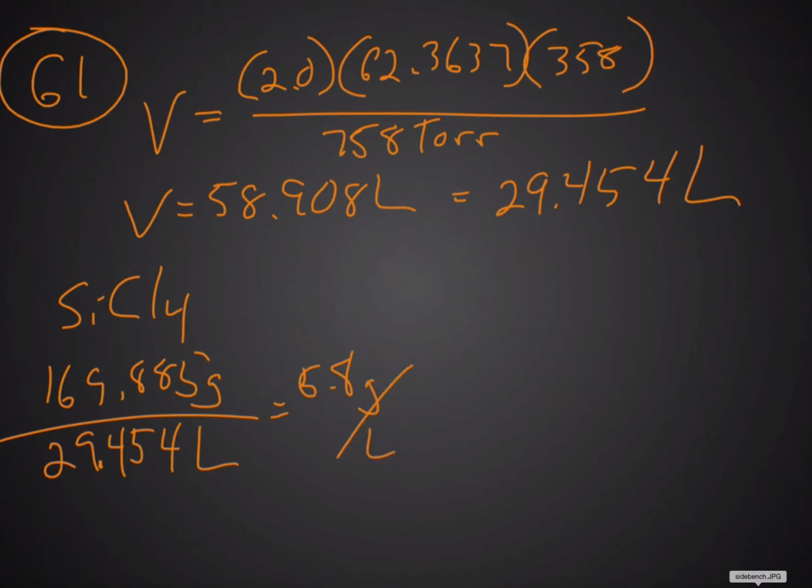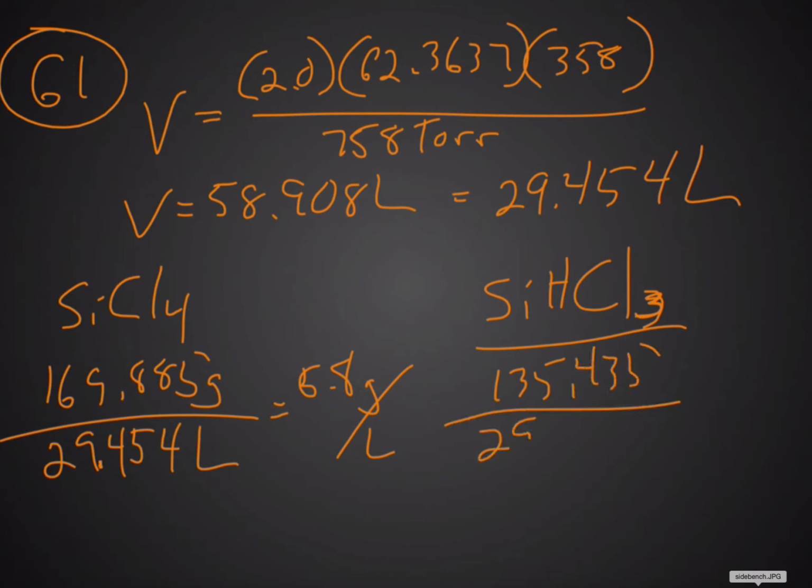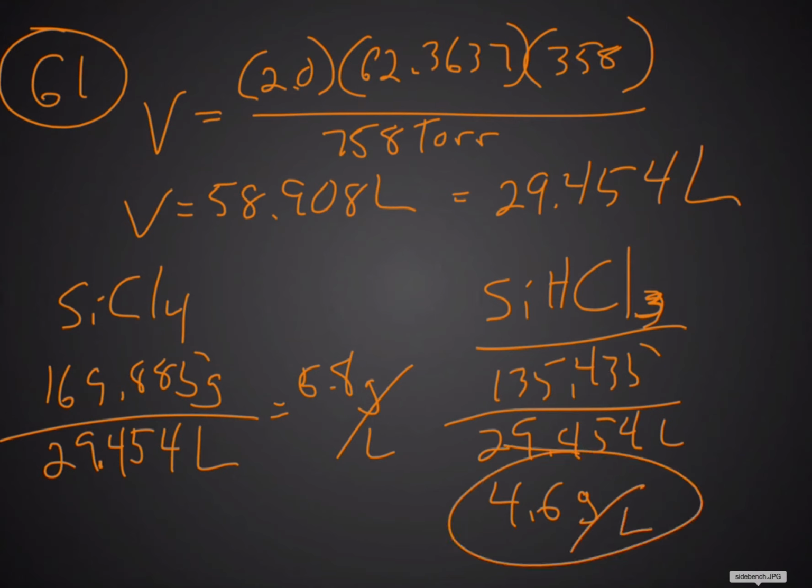And then for the silicon with the hydrogen and chlorine, it would have a molar mass of 135.435 with the same volume. So it has a slightly lower density of 4.6 grams per liter. So there are your final answers there. That's the end of the review for the mid-year exam, and we'll see you Monday.